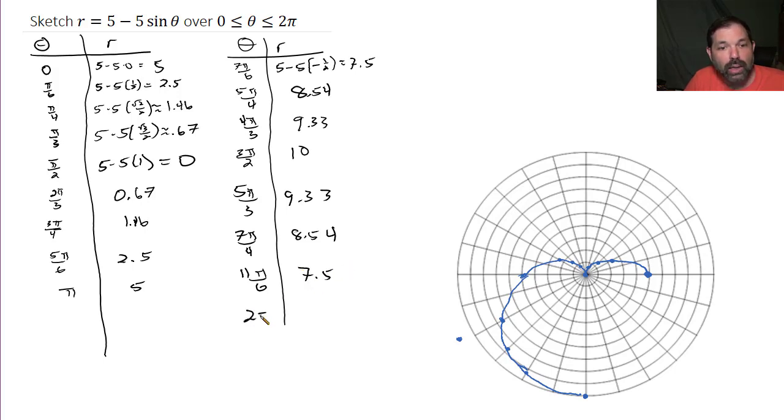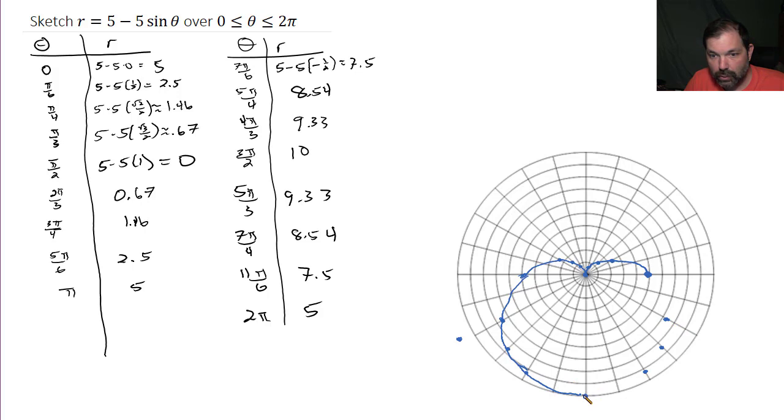And then at 2 pi, I'm back to 5. All right, so 5 pi over 3, 9.33. 7 pi over 4, 8.54. 11 pi over 6, 7.5.